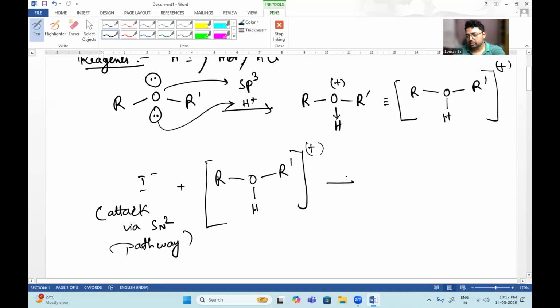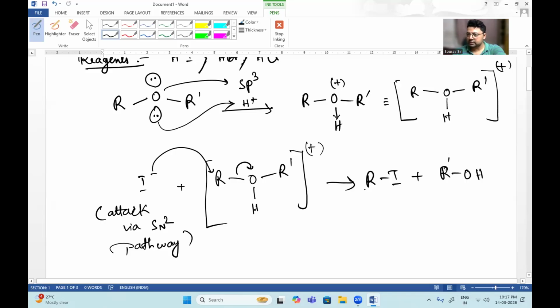In SN2, we have seen that the lower the degree of the alkyl group, the higher its reactivity. So if R-I is being formed, R dash OH will be its side product. That means cleavage of ether will give you an alkyl halide and an alcohol.